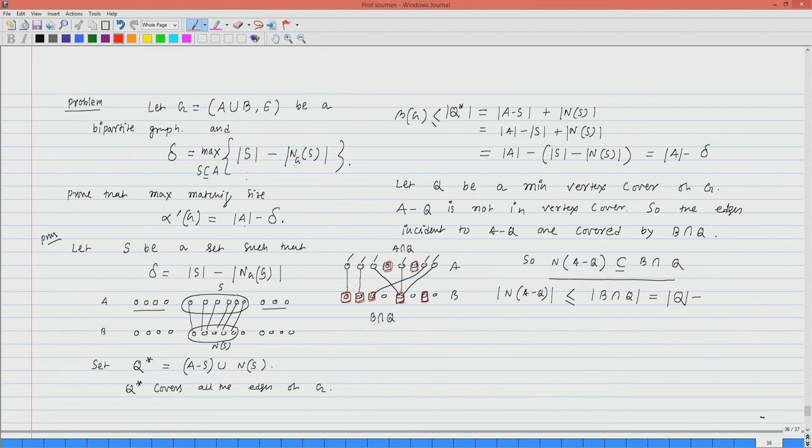So, B intersection Q is Q minus A intersection Q, no problem, and from here I can write Q minus, now A intersection Q I write in this form, A minus A minus Q. This is also an easy observation.